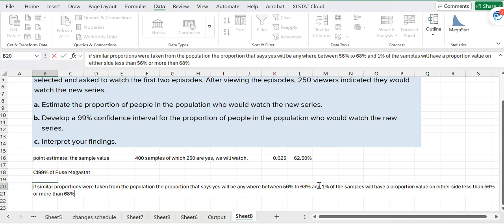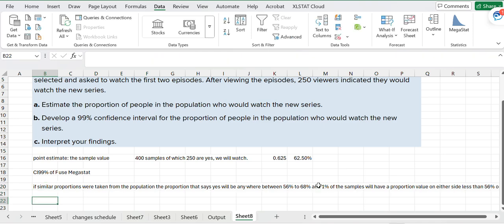So since we are using a 99% confidence level, about 99% of the samples that you take will have a value between 56 and 68. 1% of the samples that are chosen may have a value of the proportion which is outside these limits.